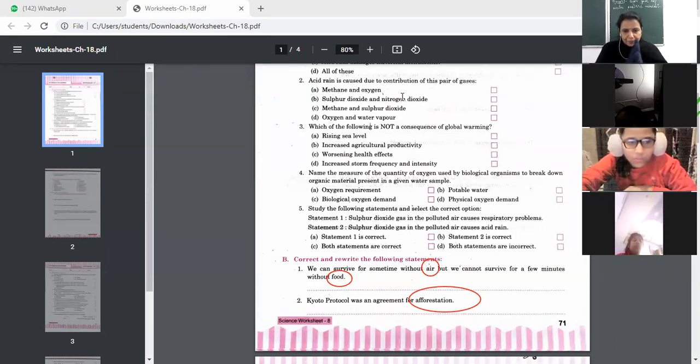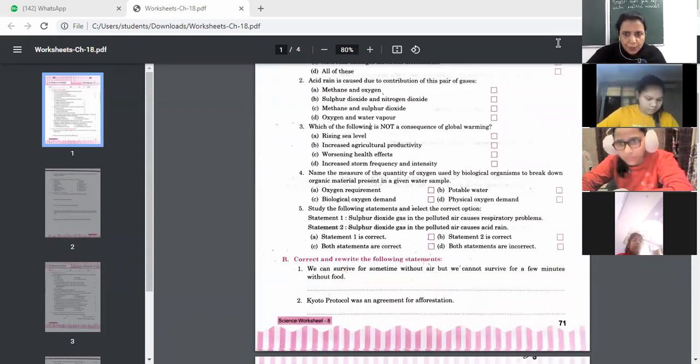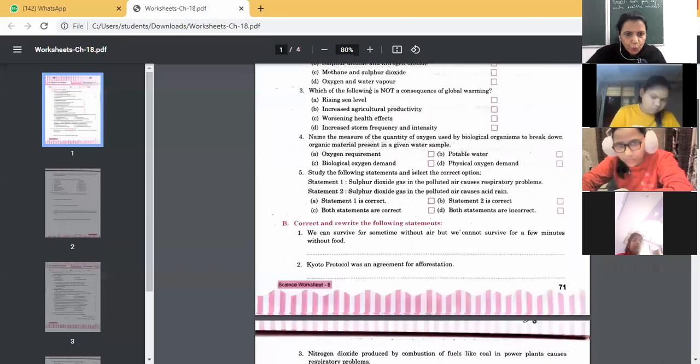Tell me. Ma'am, for greenhouse. Greenhouse? No. So yes, children, instead of afforestation, here it will be to reduce greenhouse gases. We need to reduce greenhouse gases. So that's why this Kyoto Protocol was used.